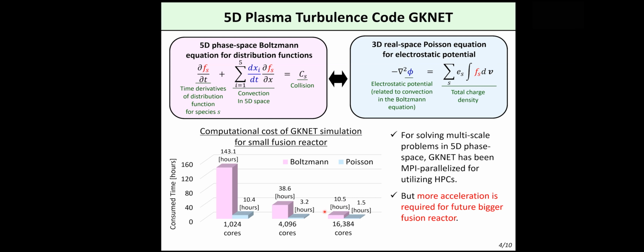GKNET has been already MPI parallelized for utilizing HPCs, which parallelization rate is 0.99994. This figure shows good scaling, but this simulation target is a small fusion reactor, and more acceleration is required for future bigger fusion reactors, in which the computational cost also becomes much bigger.